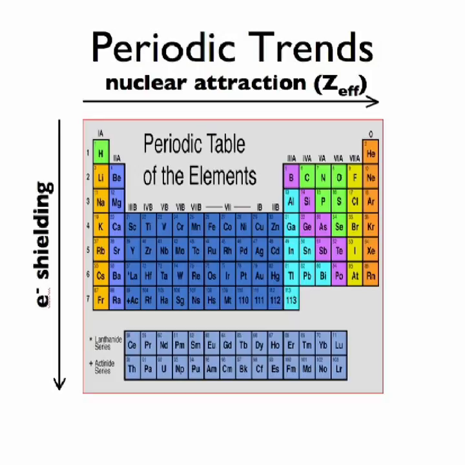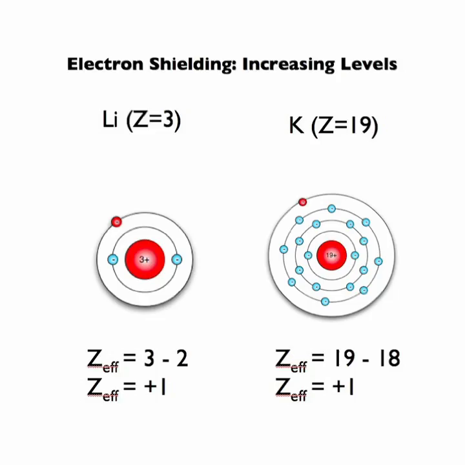We're going to first look at electron shielding, and we're going to look at the lithium atom in our discussion of electron shielding. The lithium atom is in period 2, so N equals 2. Lithium has an atomic number of 3, so lithium has 3 protons in its nucleus and 3 electrons.